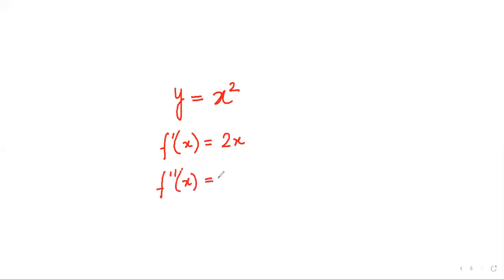Can we make this into a theorem? Can we make this into a proof? So I am going to take my function as y is equal to x square. I know that f dash x is equal to 2x, and I know that f double dash x would be 2, which is greater than 0. Hence, it is a convex function.